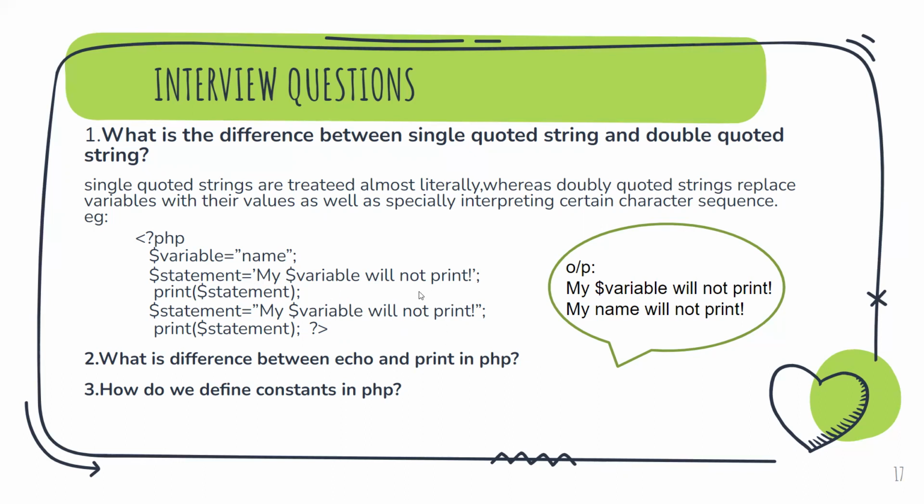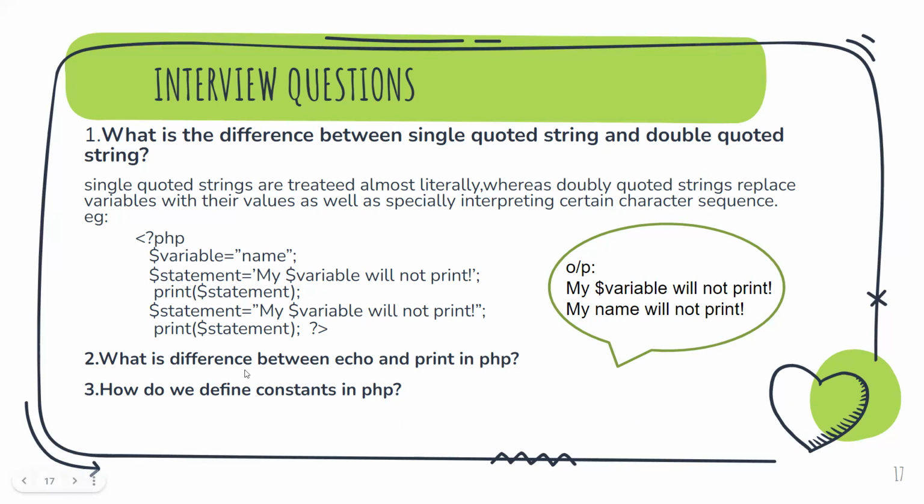In the first case, with single quotes, the actual information present in the dollar variable will not be substituted. However, if I use double quotes, the actual information present in that variable is substituted. See, here's the output. When I used single quotes, the actual information is not substituted. However, in the second case with double quotes, the actual information got substituted.